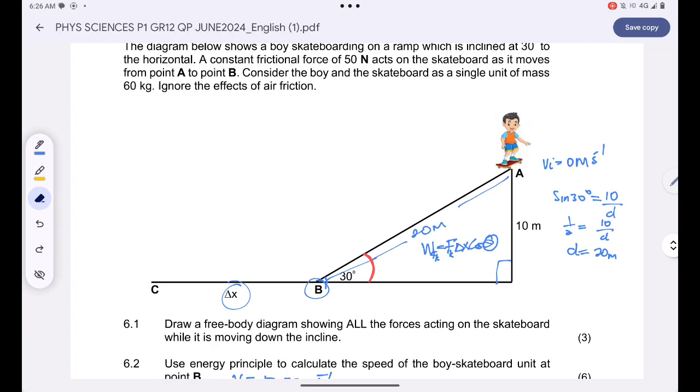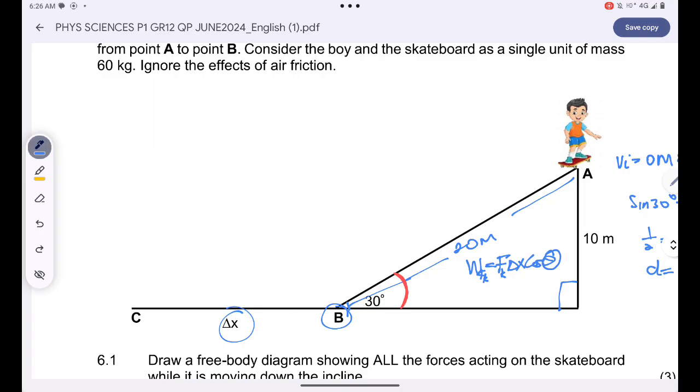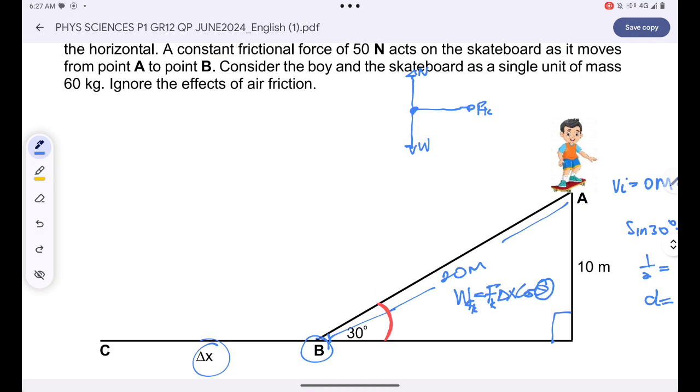And on path BC, guys, we are told that path BC is a horizontal surface, so we do have our weight and we do have our normal force since we have a surface, and since there's no force that propels the boy to move towards the right, that means we only have frictional force which is acting horizontally.